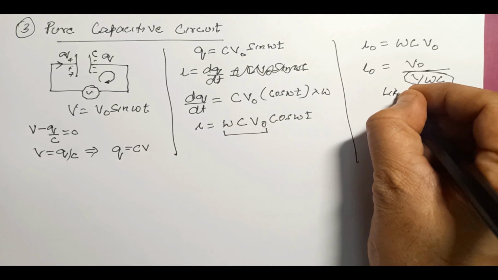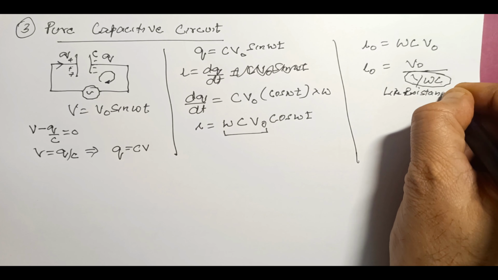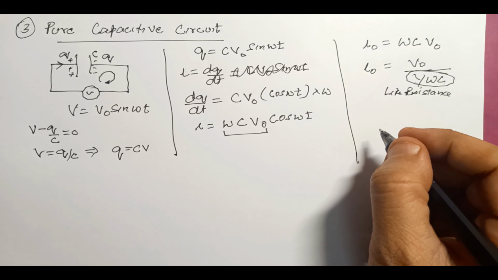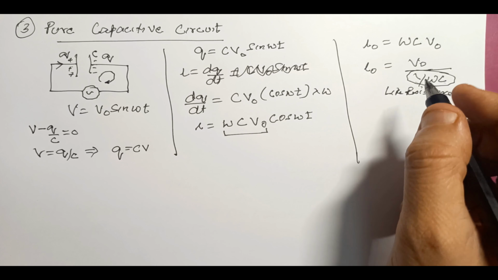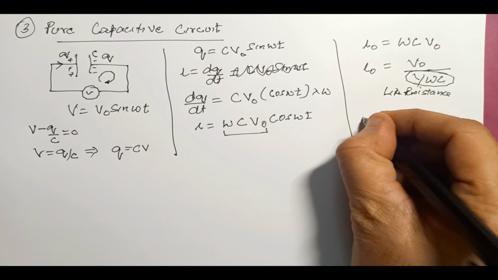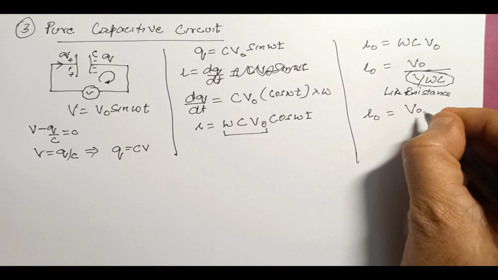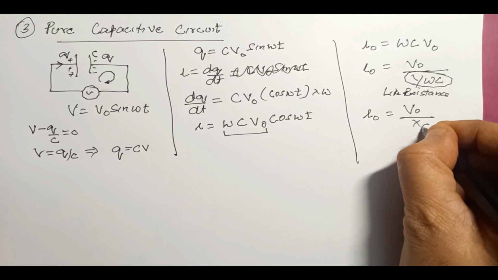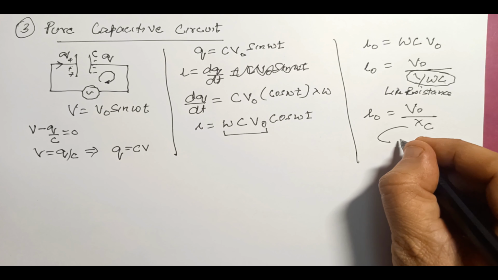So I will say I naught is equal to V naught by XC, and XC is what? Capacitive reactance.